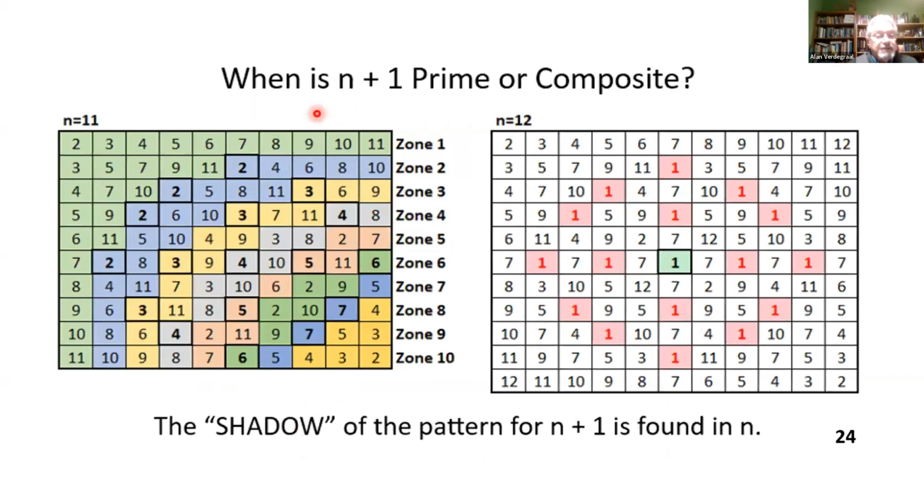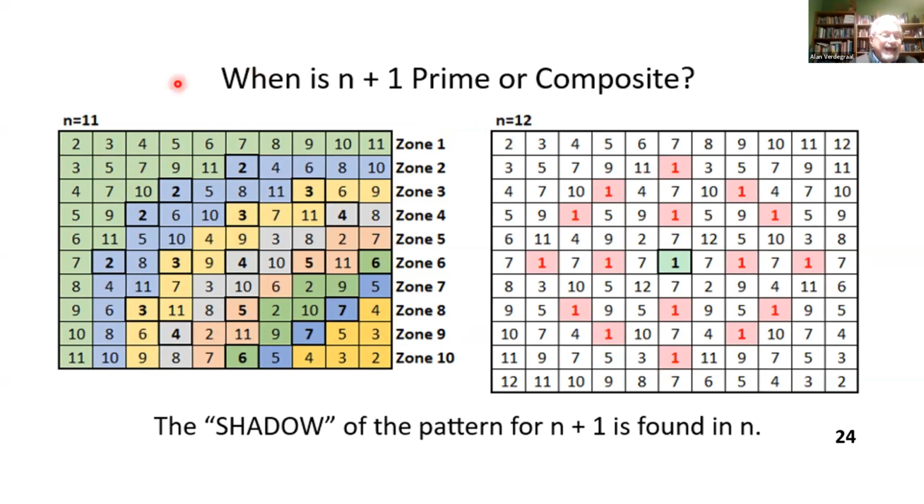So if we look at this, we can see a pattern or lack of pattern of the preceding square that shows up in the square of n. So we have, for instance, n equals 11 here on the right with its distinctive pattern of ones.